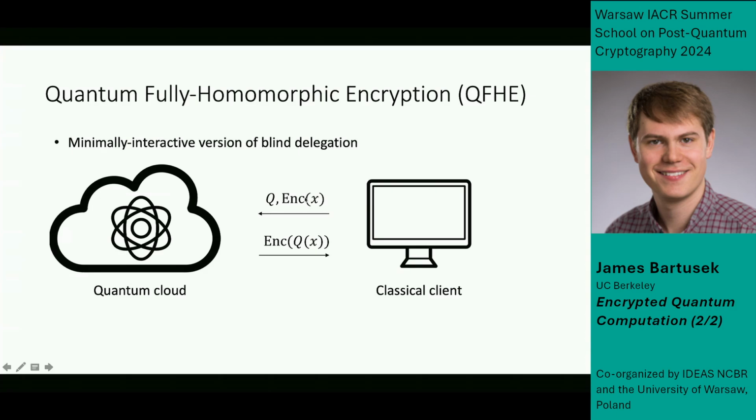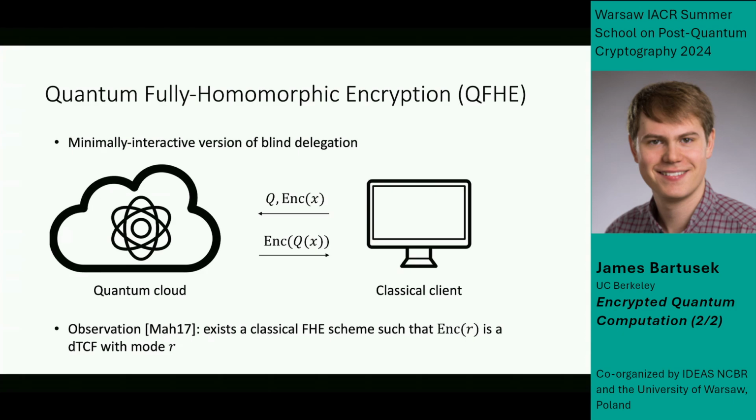In other words, the scheme is compact. What that means is that the communication size, so the size of this ciphertext and the size of this response, doesn't grow with the size of the circuit Q, okay?